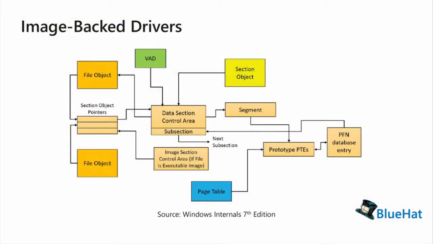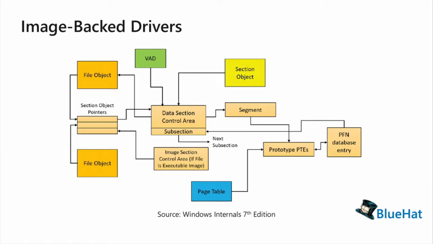Inside the kernel there is the image section control area that has all the subsection and segment data structures and tracks the shared pages. Basically, for the new data section control area, the pages are copied from the image control area. So you can imagine that we need to revert Retpoline and import optimization, because otherwise bad things happen and you have a security vulnerability.